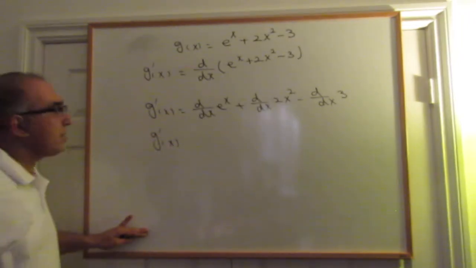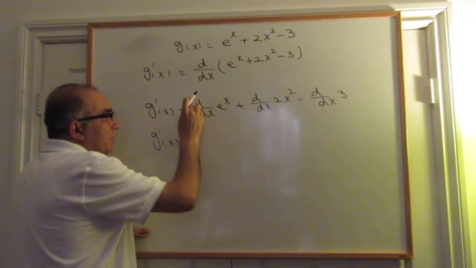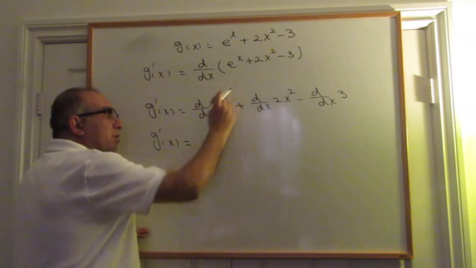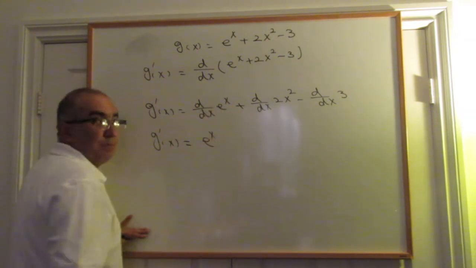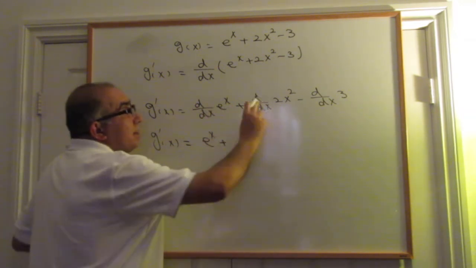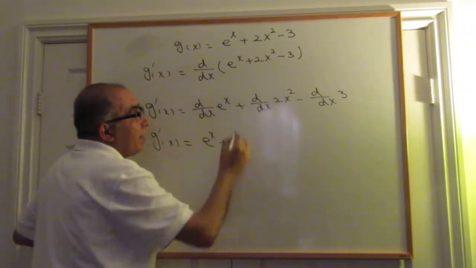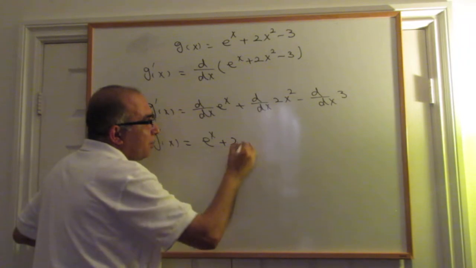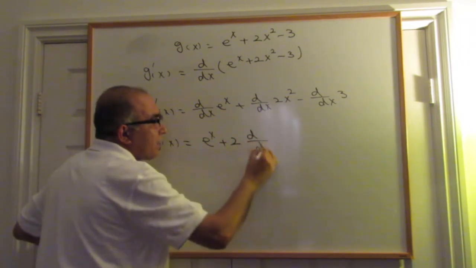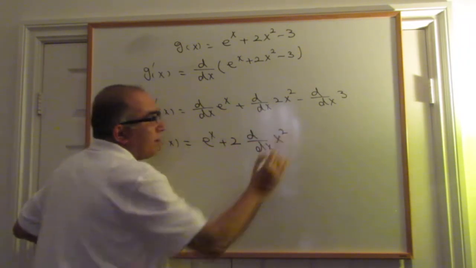G prime x equals d dx of e to the x, which is e to the x, plus d dx of 2x squared.